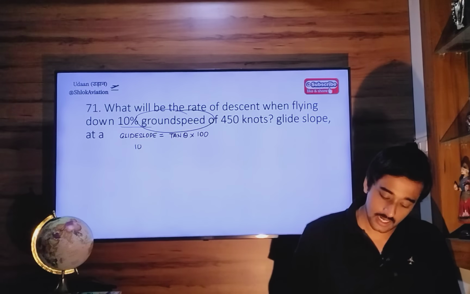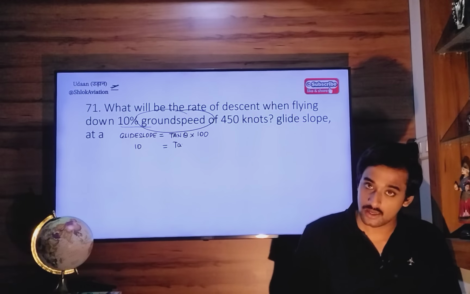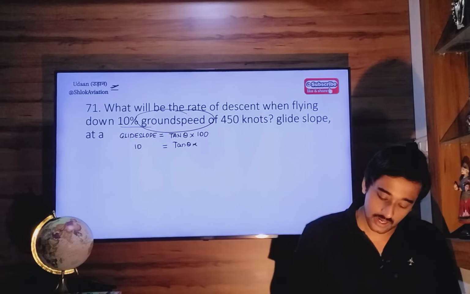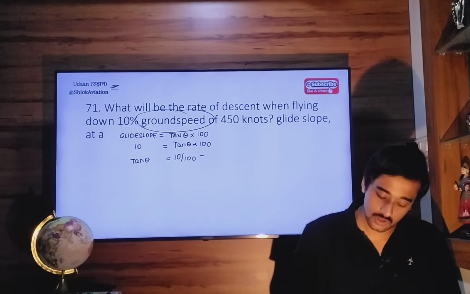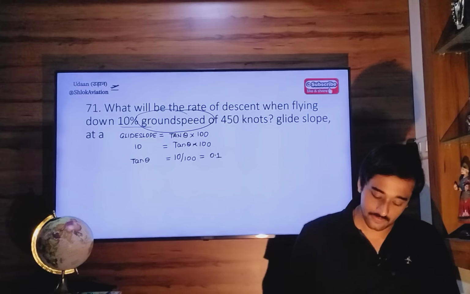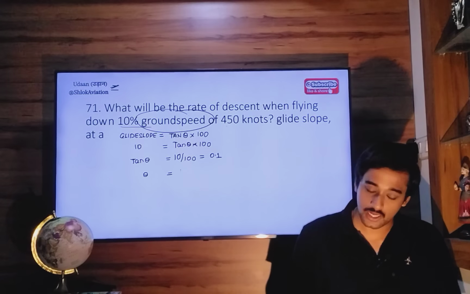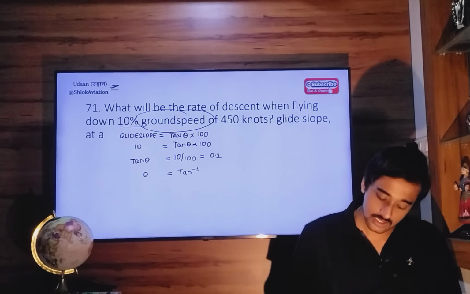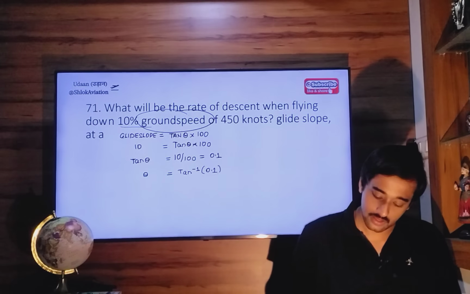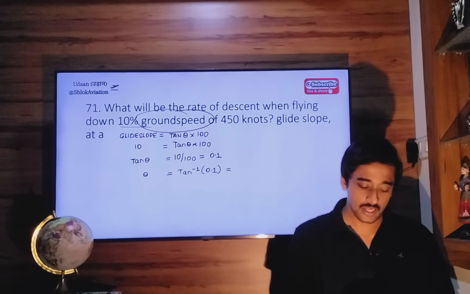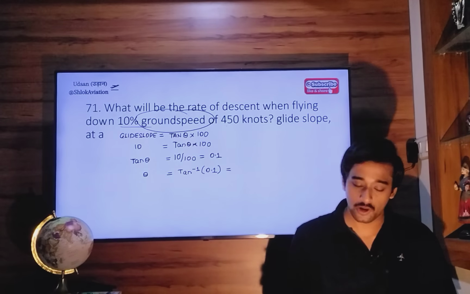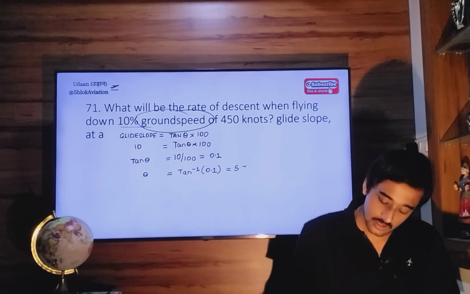So 10% equals tan theta into 100, so tan theta equals 10 divided by 100, which is 0.1. So theta equals tan inverse 0.1, which is 5.7 degrees.